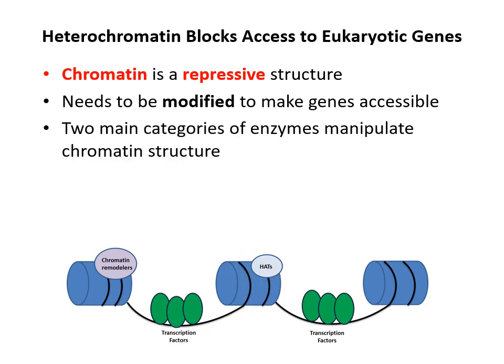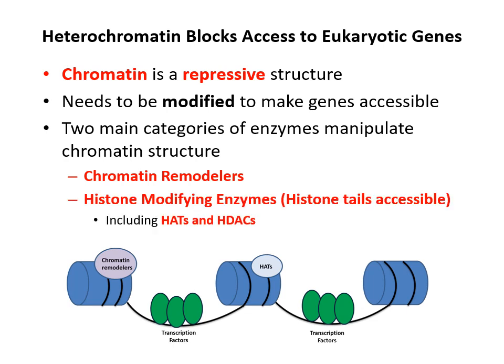In order to do that, your cells have two main categories, okay, to help manipulate the chromatin structure and loosen it up or move it either away or towards the histone proteins. There are chromatin remodelers and there are histone modifying enzymes, which we'll talk about in the upcoming slides.